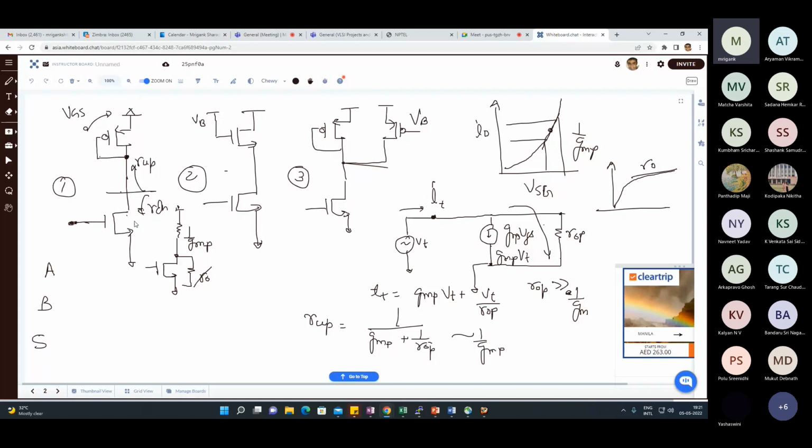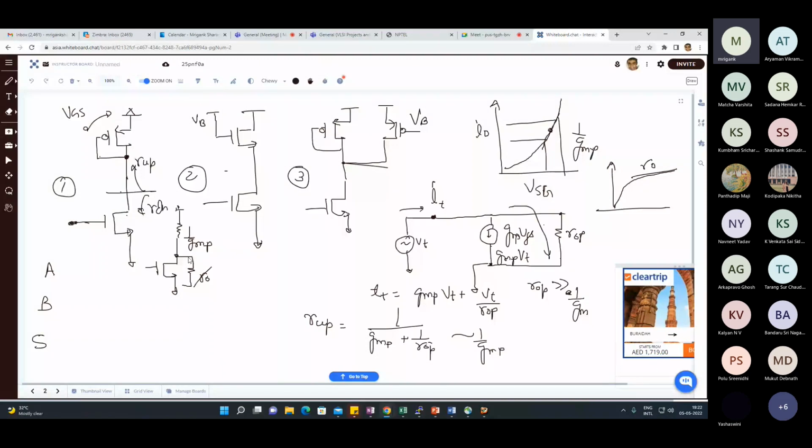But here we're talking about two different transistors. It is possible that the RO of the lower transistor is not so high. For example, suppose the bias current happens to be higher and the channel length happens to be very small. In that case, maybe the RO will not be negligible. But again, we are taking a general consideration that we can ignore RO with respect to GM. So in that case, this will also go away.